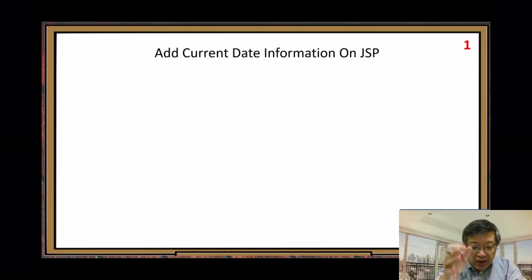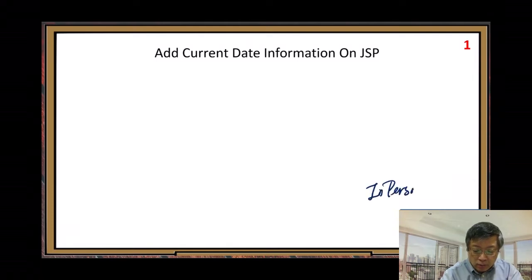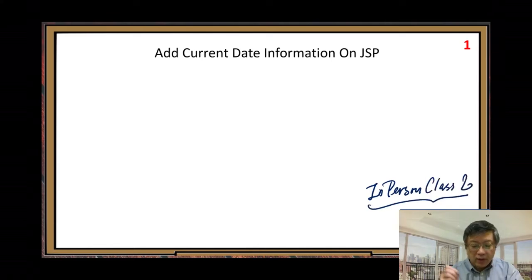Add current day information on JSP. Remember, we did this in our in-person class number 2. Do you still remember? I showed you the hello world, but I wanted to add dynamic information.